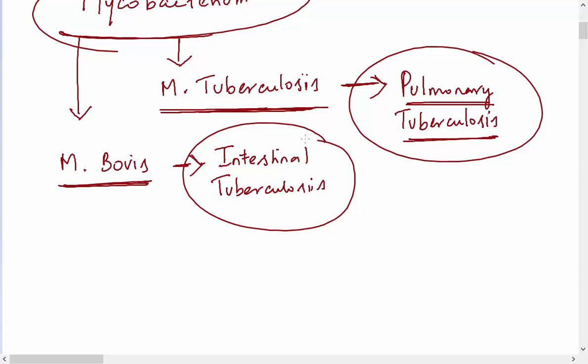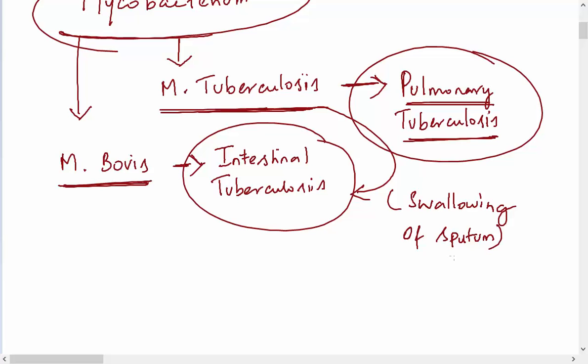So Mycobacterium tuberculosis can also produce intestinal tuberculosis, understand? Because if the person swallows the sputum, they may get intestinal tuberculosis. So this also can produce intestinal tuberculosis due to what? Swallowing of sputum. Okay. So there is another group of mycobacterium.